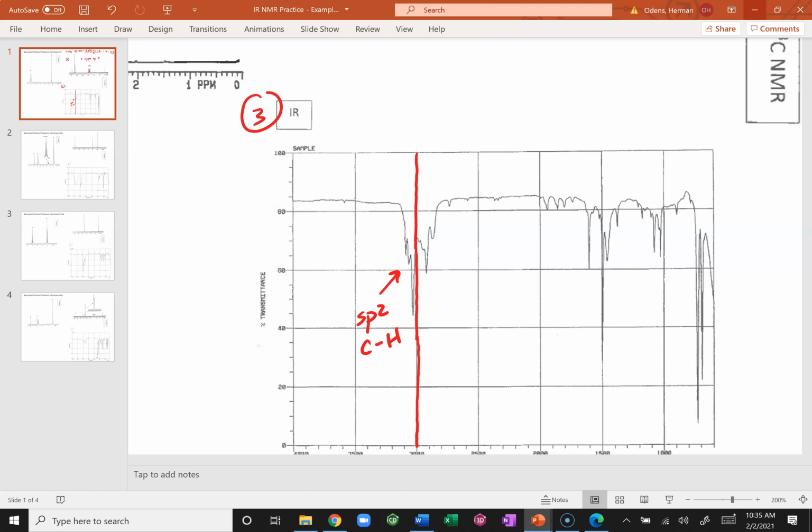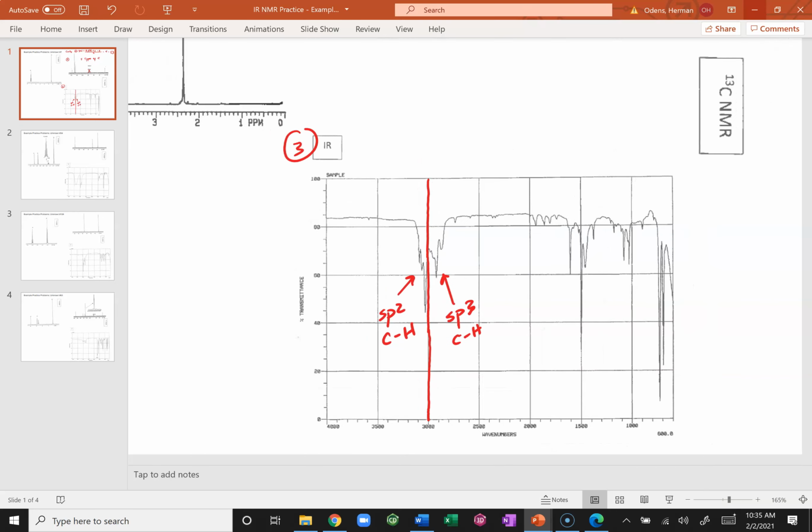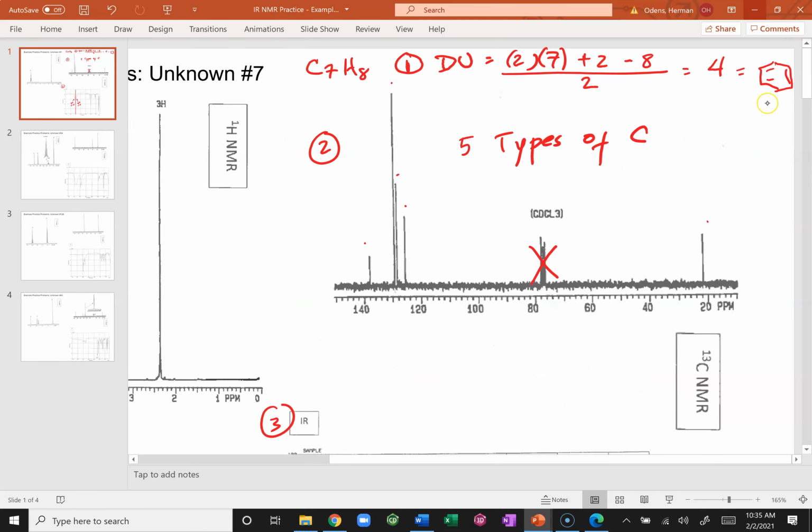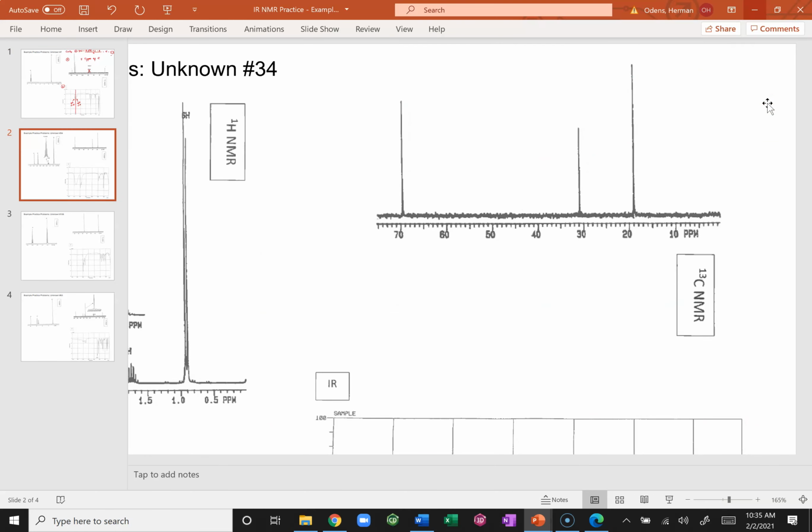Anything on the right side of 3000, just be careful here, if you have an aldehyde, you will have the 2 horns, but we don't have that. Anything on the right side of 3000 is sp3 CHs.